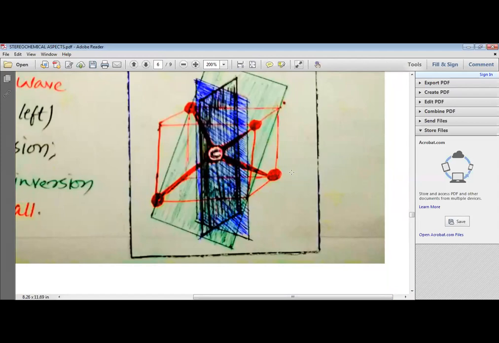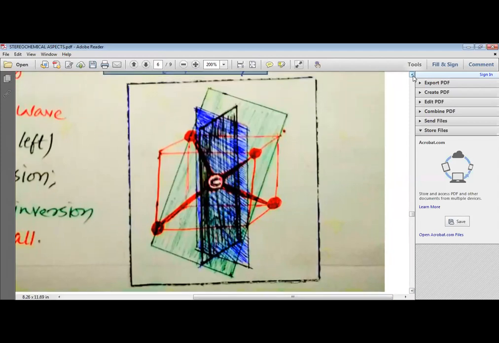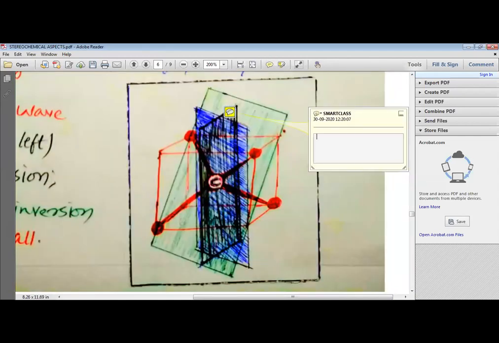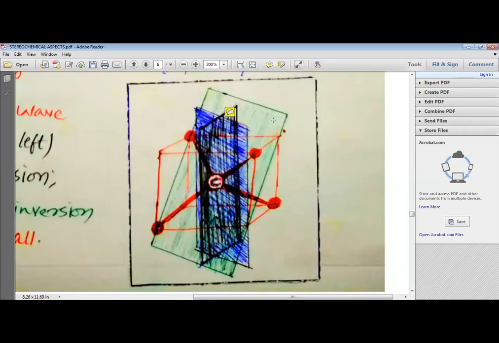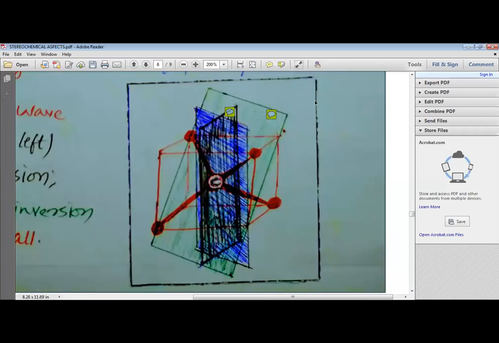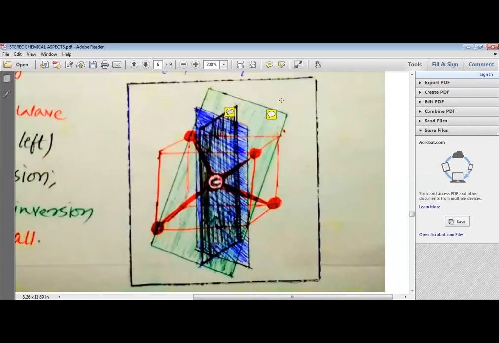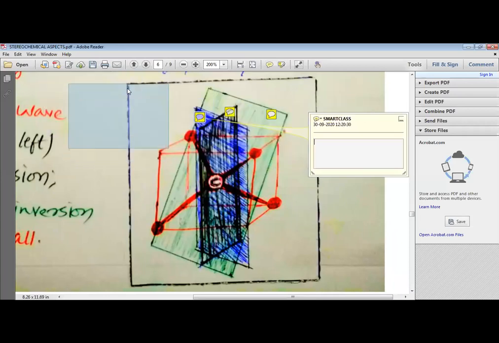Now, when you look at this figure, you can see 3 planes. You can see this plane, which is black colored. Then you can see this is the green plane. And there you have the blue plane.